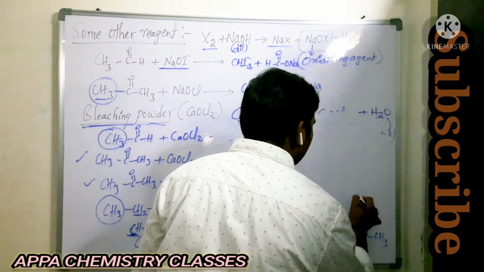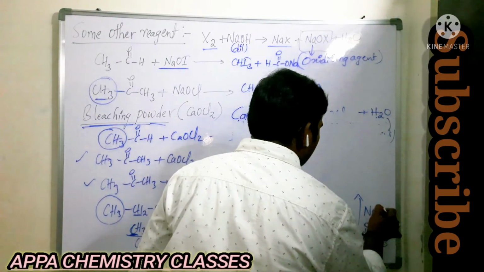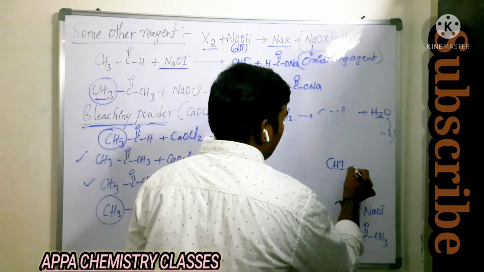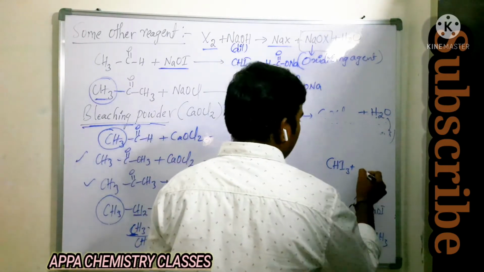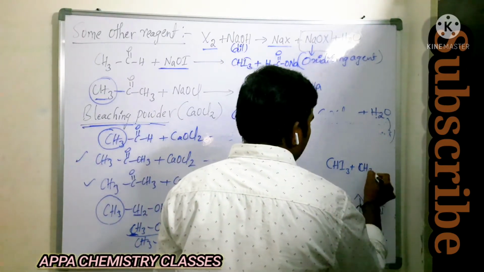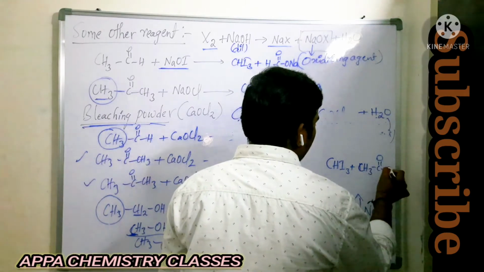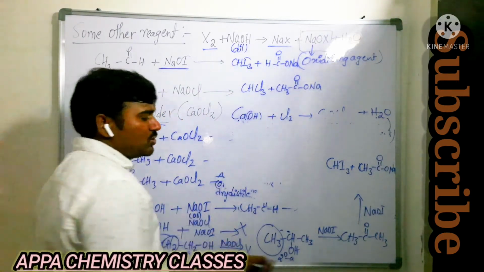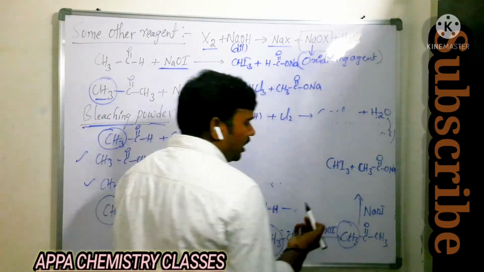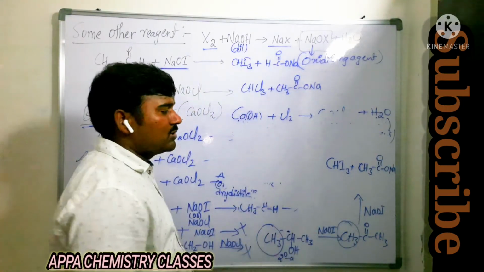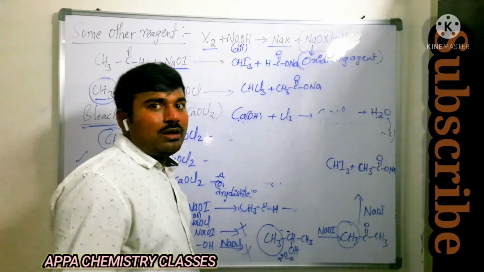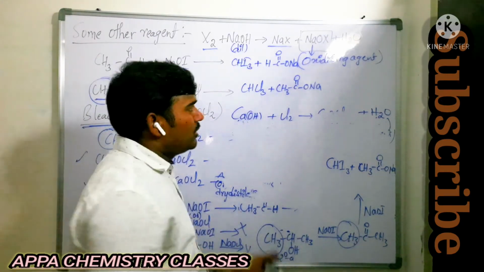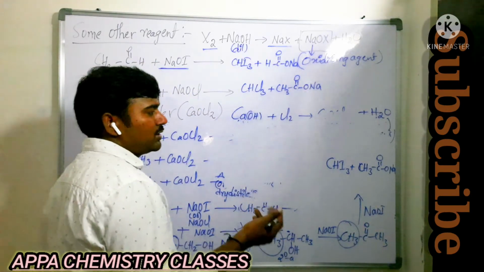This ketone on further reaction with sodium hypoiodide gives iodoform plus CH3COONa, sodium acetate. Is that clear? Because the carbonyl carbon's adjacent carbon is CH3, it will definitely participate in haloform reaction. We have seen the mechanism also, and how alcohols react.